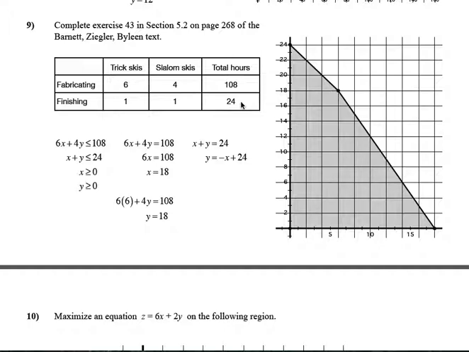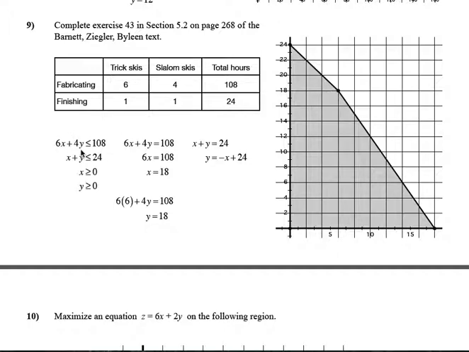So we can represent this with an inequality. 6 hours for each trick ski, and we're using x as the variable to represent the number of trick skis, and y to represent the number of slalom skis. And so 6 hours for each trick ski plus 4 hours for each slalom ski.